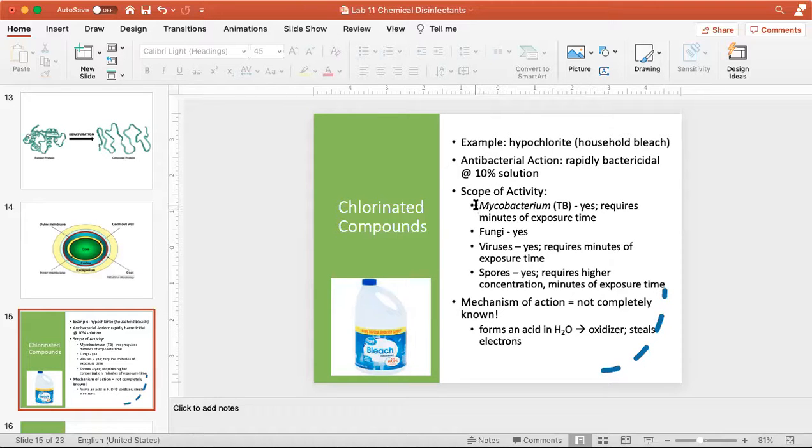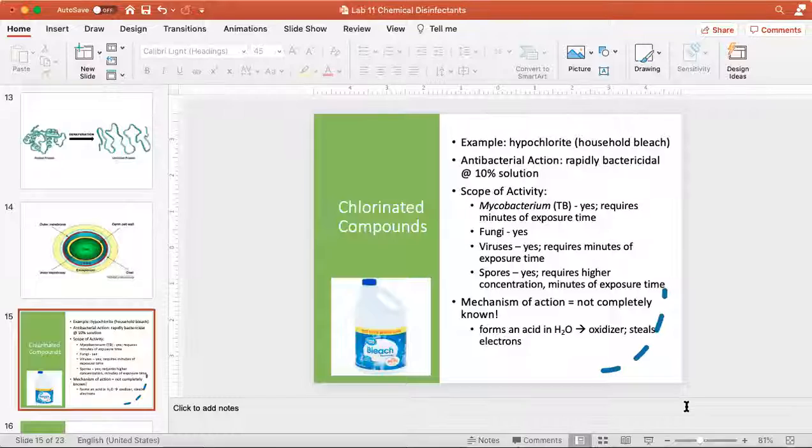Bleach is effective against the organism that causes tuberculosis, but you have to leave it in contact with the surface or the object for minutes of time. In other words, it's not enough to spray the bleach on and then wipe it off.